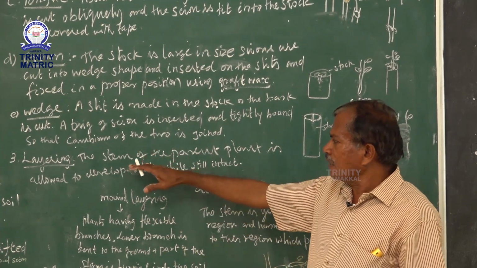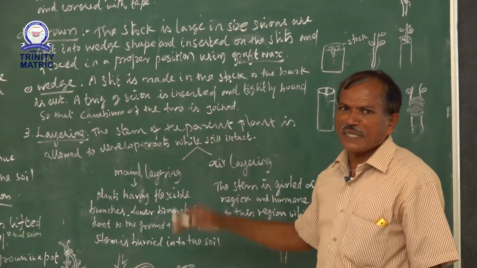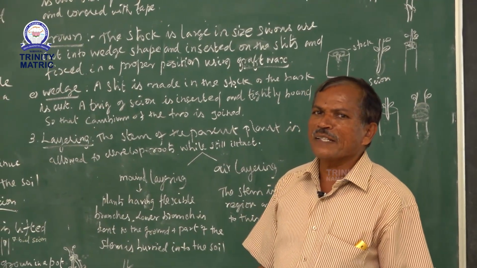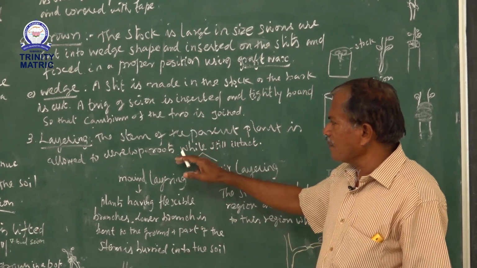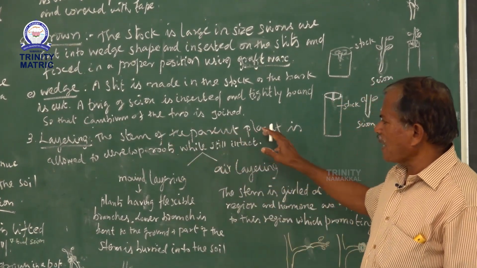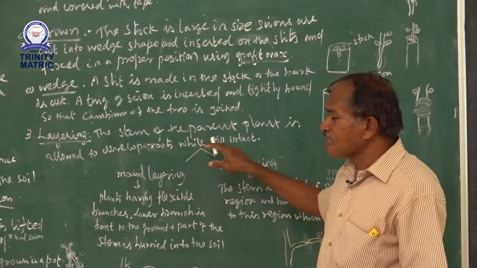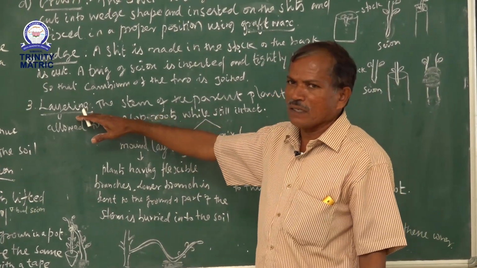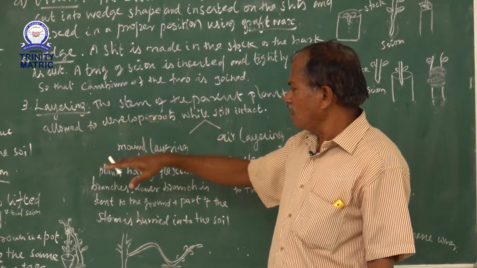And the third method is called layering. What is layering? This method is done by most village people. They are propagating a new plant. This is called the easiest method. The stem of the parent plant is allowed to develop roots while still intact. We say in Tamil, layering means padiyam podudal.